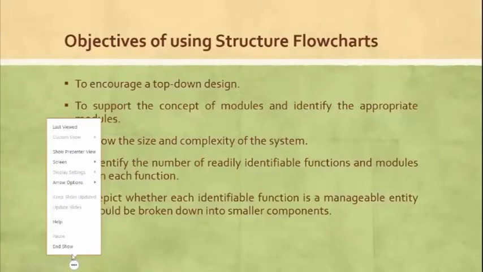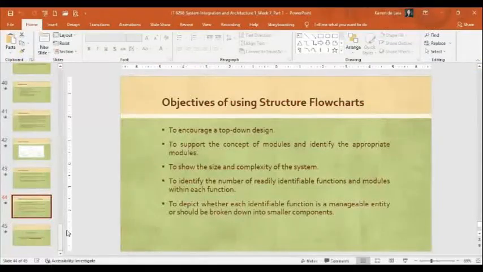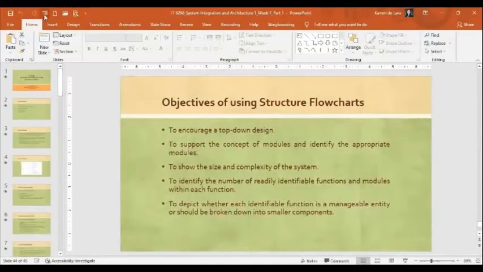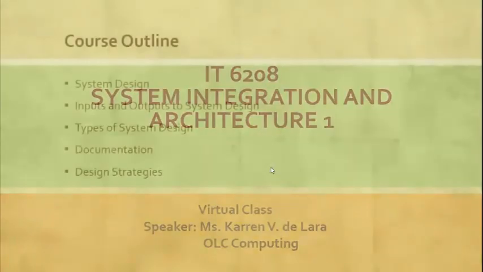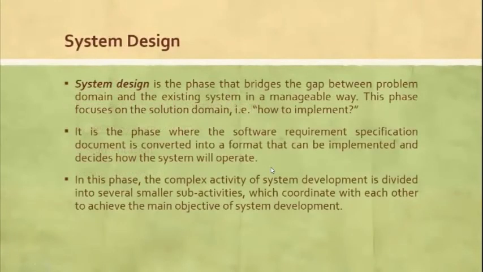So let us review what we have discussed today. So we have defined first what is system design. So again, system design is included in the system development life cycle. And we basically use various tools for system design or for designing a particular system.